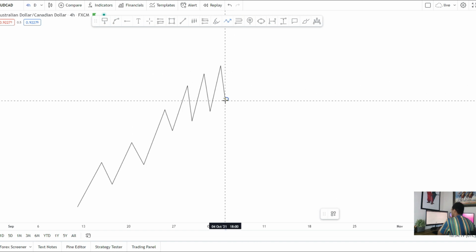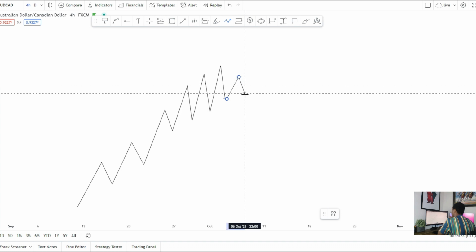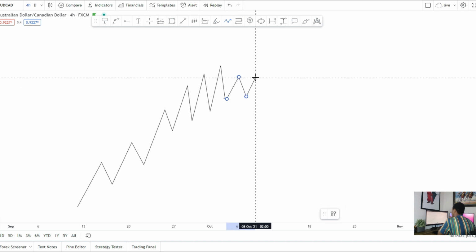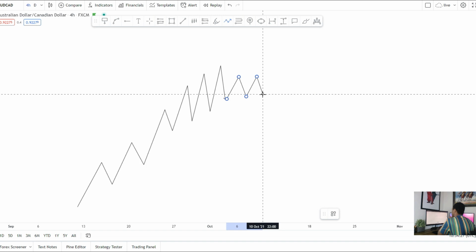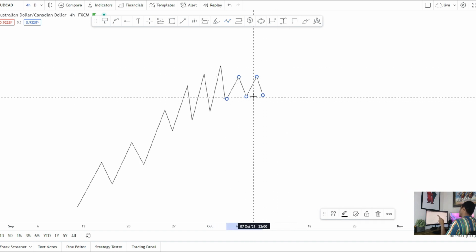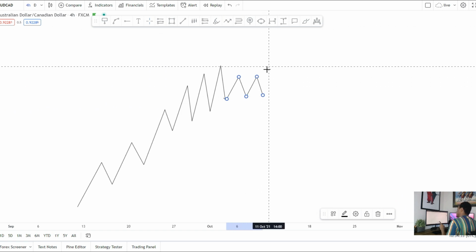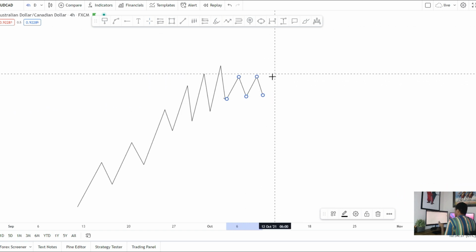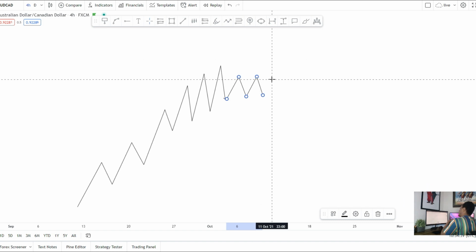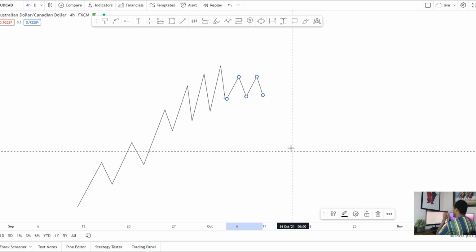Say we've had this pullback, the market looks to continue, however fails to create a higher high, comes back down, tries again to create a higher high, fails to do so, and comes back down. Again, we want to see price at least do this twice, not just once, because once is not enough. Price will still probably continue. We want to see the market try to do it at least twice, the more the better, and that will be our second confirmation that potentially the market could be ready to reverse.